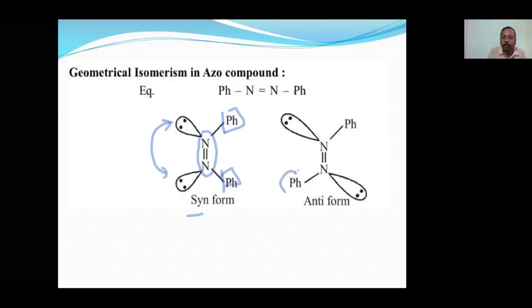If they are on the opposite side, then it is called anti. So syn and anti-isomerism is shown in three types of compounds: aldoxime, unsymmetrical ketoxime, and the third one, azo compounds. Now let's see the next part.